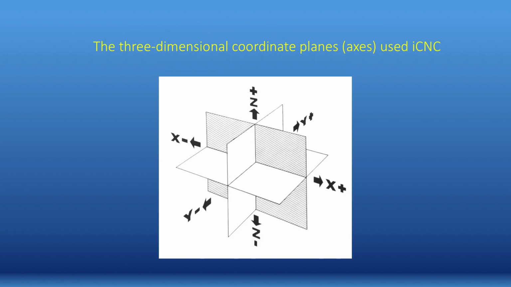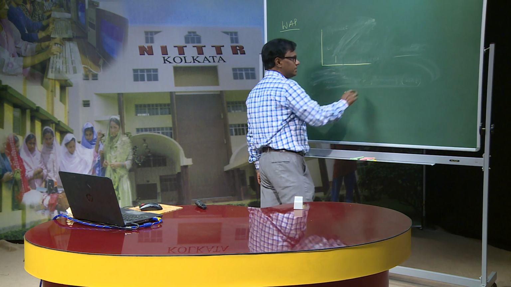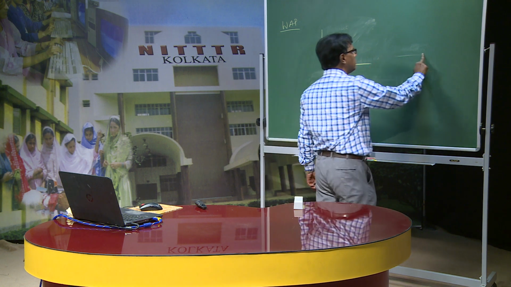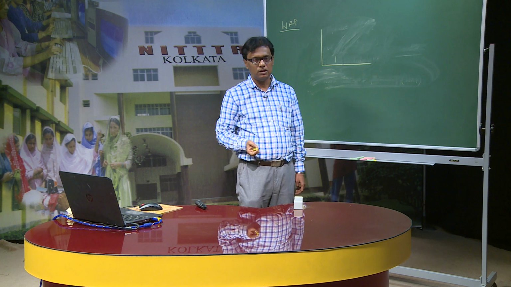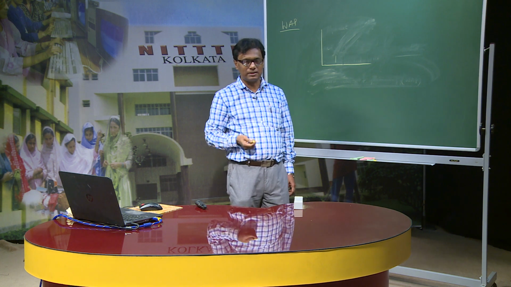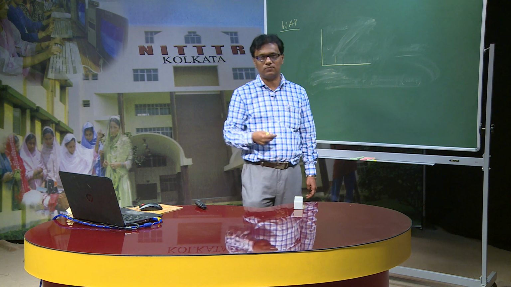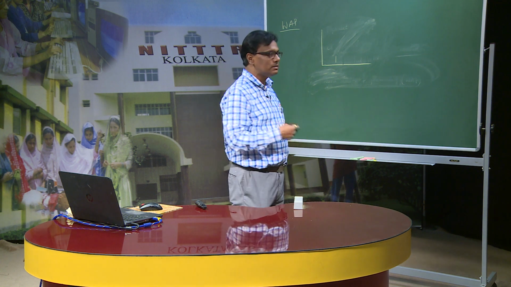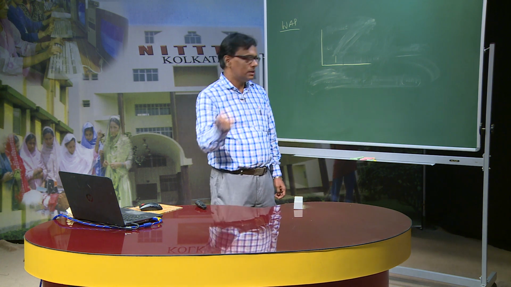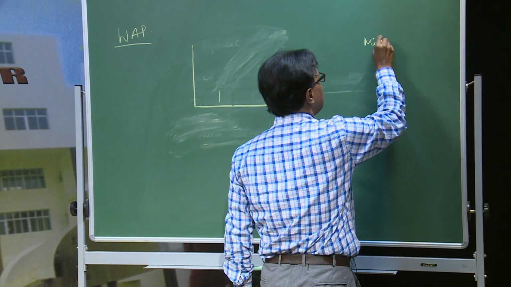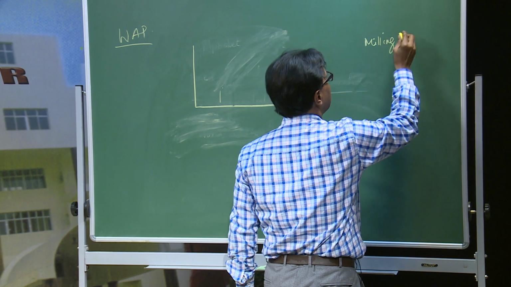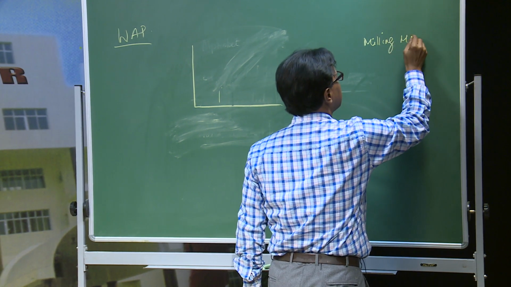Now, if I want to classify, CNC machines can be 2 axis CNC machines or 3 axis CNC machines. So, a 3 dimensional coordinate system is required for a 3 axis CNC machine. What is a 3 axis CNC machine? You will see a milling machine is basically a 3 axis machine.